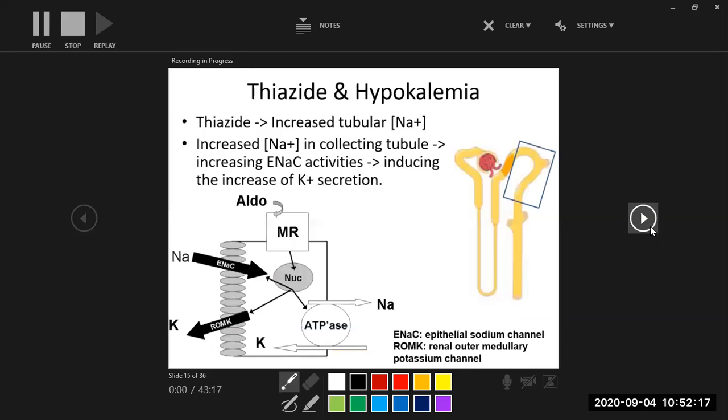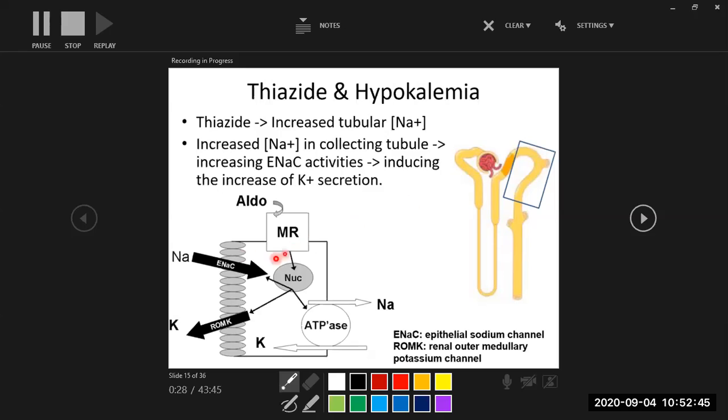So that's why. In summary, let's summarize it here. If we block the sodium reabsorption in the distal convoluted tubule using the thiazide, then this sodium will remain in the tubule, and then it will flow to the collecting tubule and the collecting ducts.